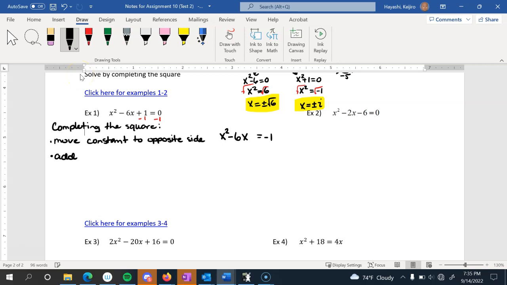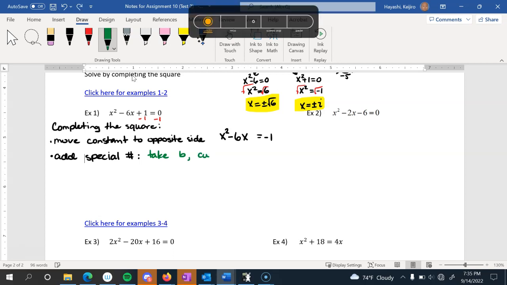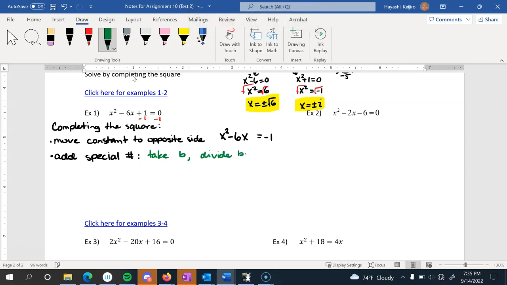And we're going to add to both sides a special number. That special number is b, which you'll divide by 2 and square.